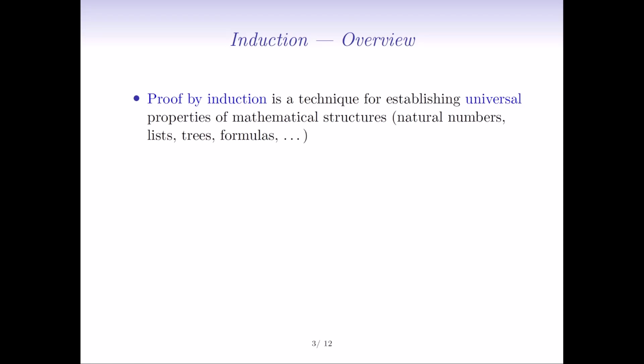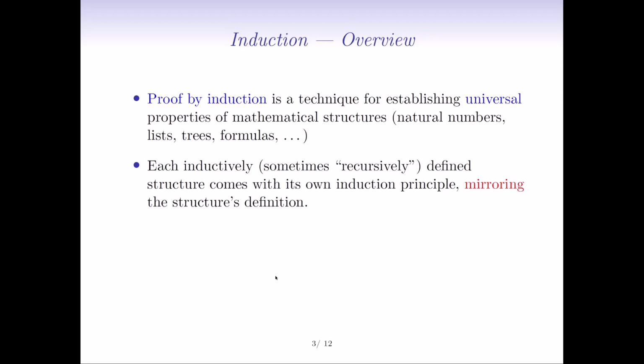An inductive definition always has the shape of saying, first of all, what are the smallest objects of a certain type, and then also how it is that we're allowed to build up larger objects of that type from smaller ones. That means that whenever we have a structure or class of structures that has been defined that way inductively, then we also get for free a principle of induction for showing that all objects of that type have a certain property.